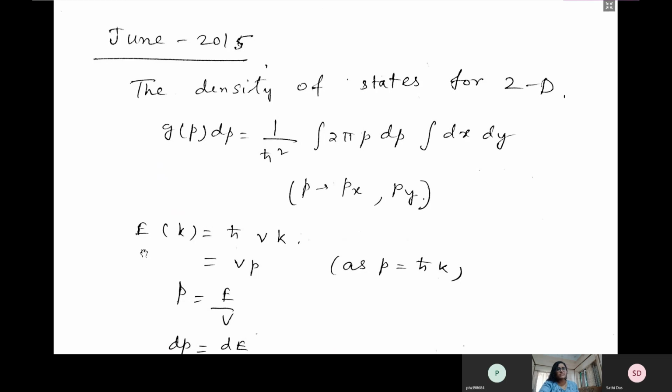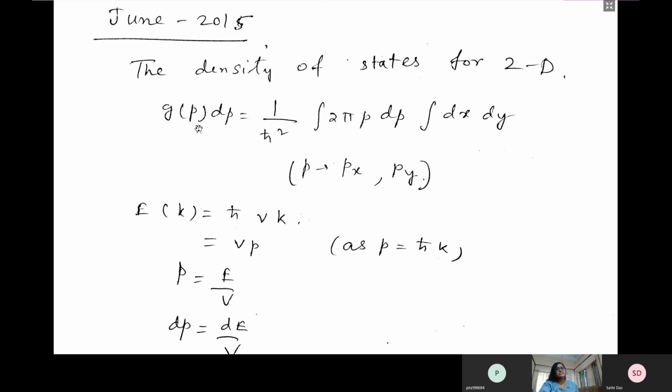Okay, so the density of states, you can write that g(p)dp is 1 by h cross square integral over 2 pi p dp into integral over dx dy. Since this is two-dimensional, so you are calculating the area of the phase space divided by the area of elementary area of phase space, or area for the one cell. So that is h cross along x and h cross along y.